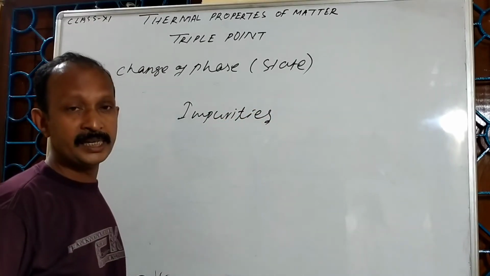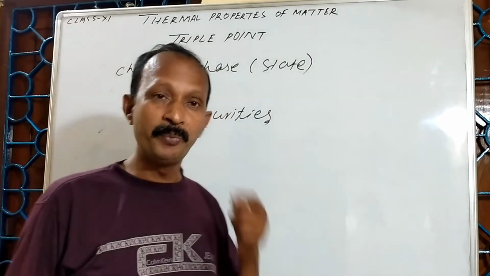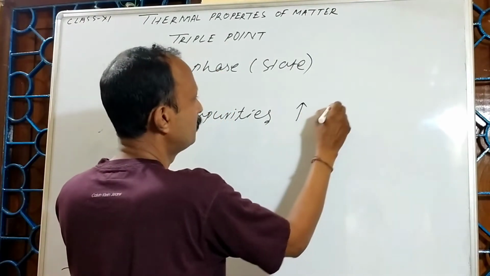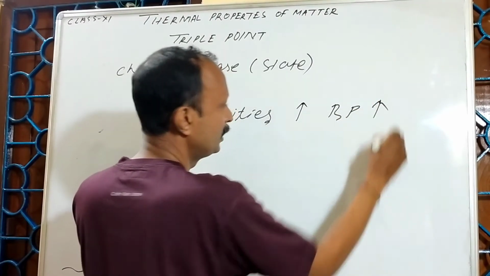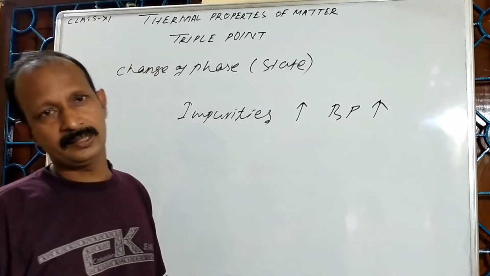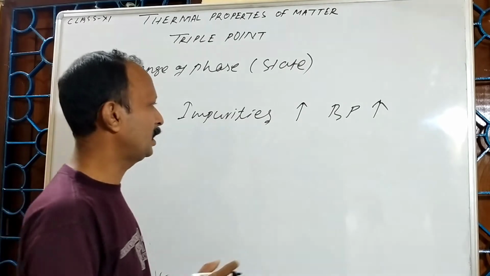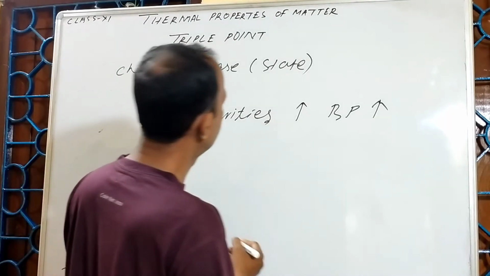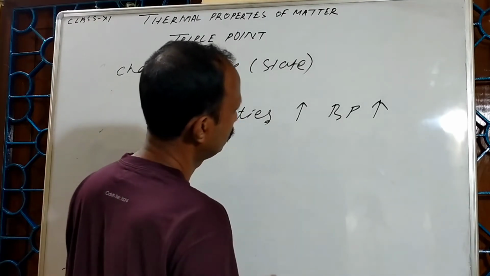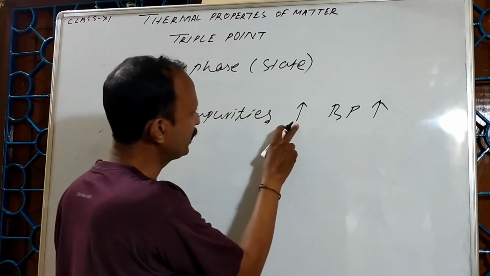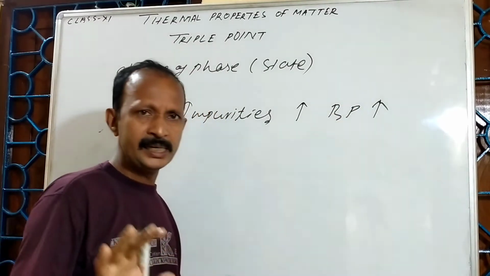One is the impurities. When impurities increase, boiling point also increases. Pressure is also one of the factors. If the impurity increases, boiling point increases.